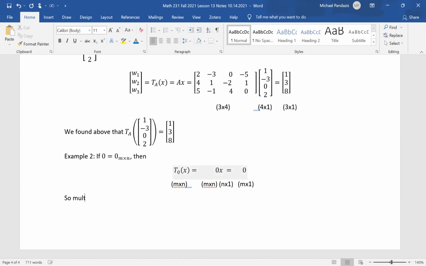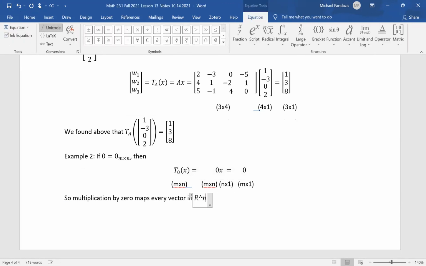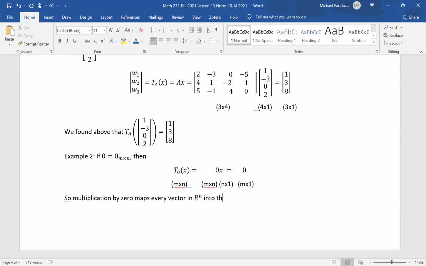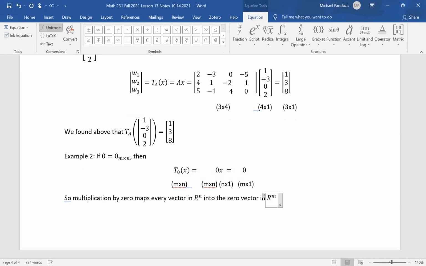Okay, so multiplication by 0 maps every vector in Rn into the 0 vector in Rm.